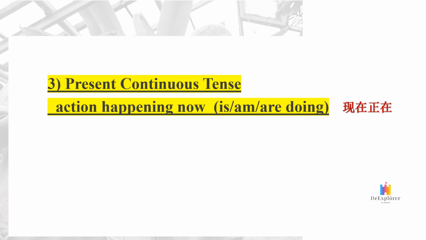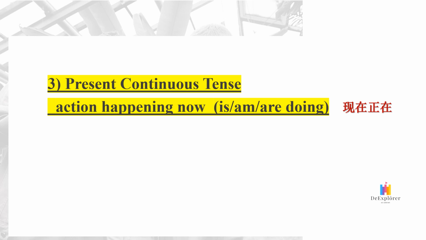See, the verb now is with the ing form. So earlier you have do, does, did, now doing. And you need to use is, am, and are in front of the verb doing.